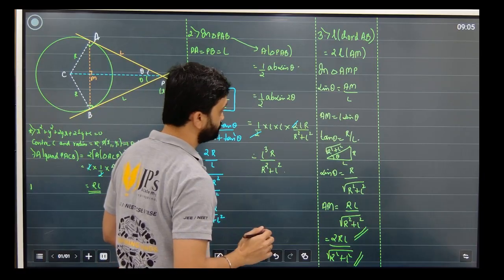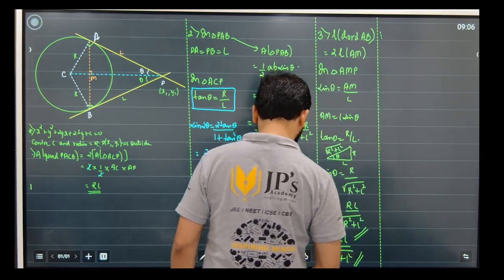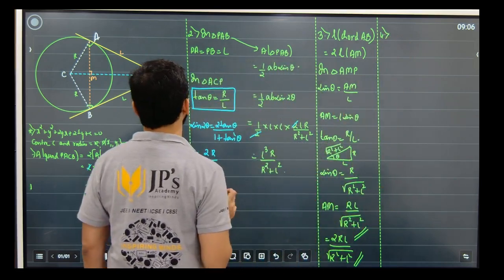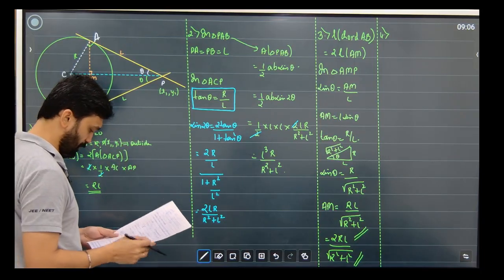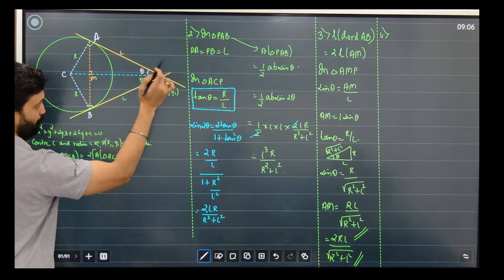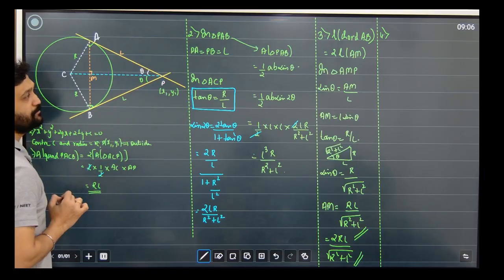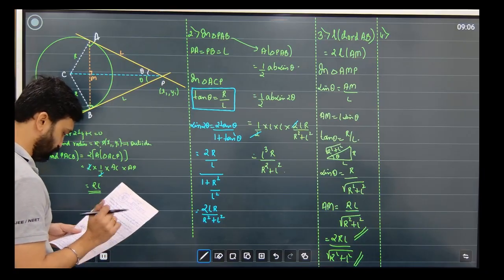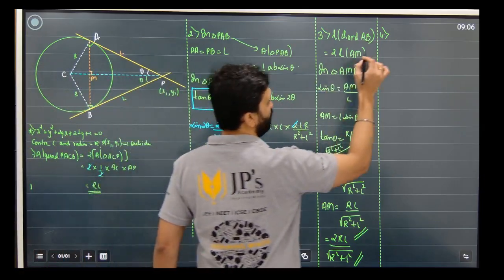Same thing. Now next, if you check, theta is visible here, theta is given to you. Now between the pair of tangents, this is tangent 1 and this is tangent 2, the angle that is made is 2 theta.